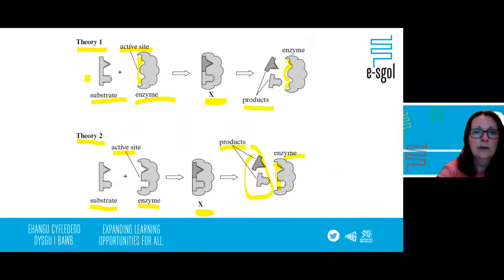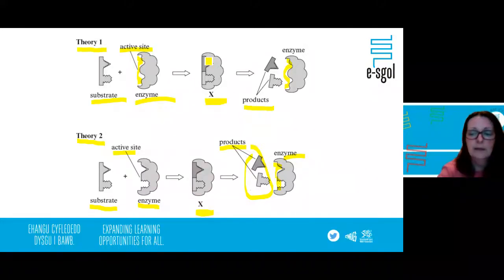So we've got our very specific enzyme shape. The active site is not specifically complementary as it is in theory 2, but as that substrate enters the enzyme, the active site and the substrate carry out a little movement to enable that fitting together, and that fitting together enables the products to form.